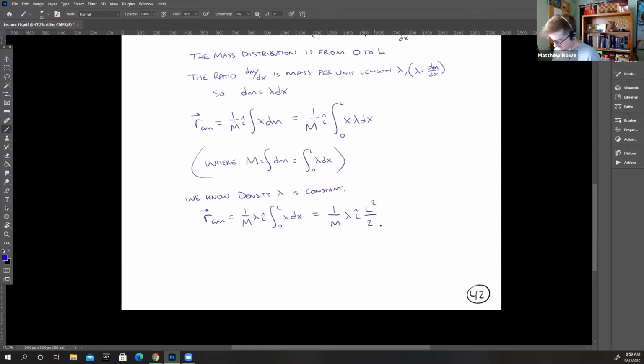Okay, so again, remember, M is lambda integral from 0 to L dx, lambda L. So this is the same exact step as this.